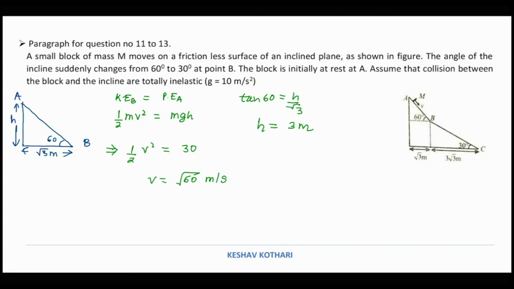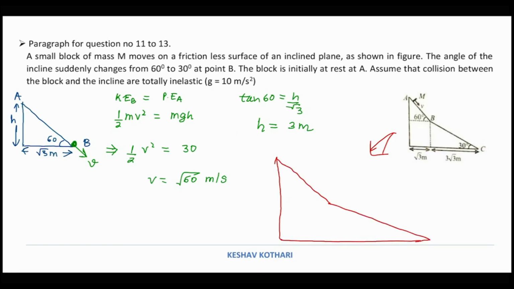Now this velocity over here, if I draw this, it reaches over here and it is moving with this velocity v, which we have calculated. So now at this part, if I magnify this diagram, it is something like this.